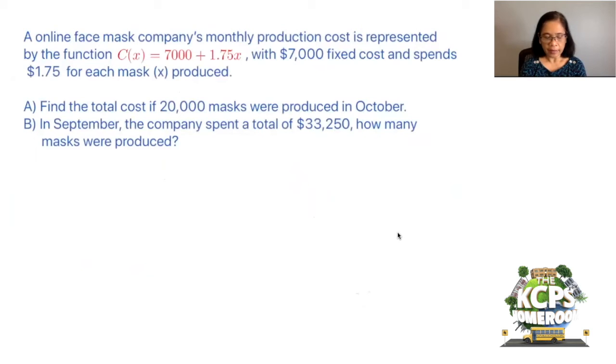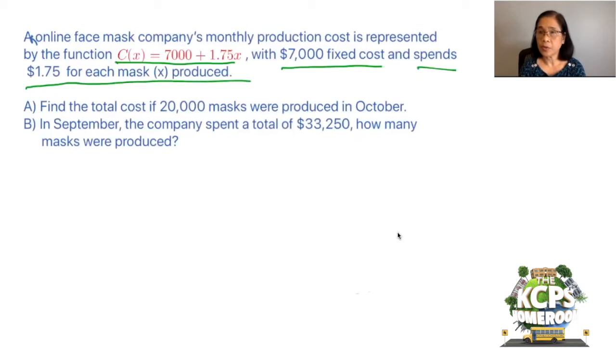An online face mask company's monthly production cost is represented by the function C of x equals 7,000 plus 1.75x, with $7,000 as the fixed cost. And the company also spends $1.75 for each mask that is produced. So this is the variable cost, or the production cost per mask.